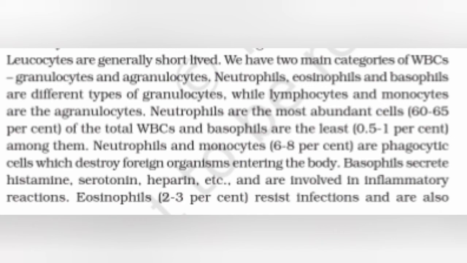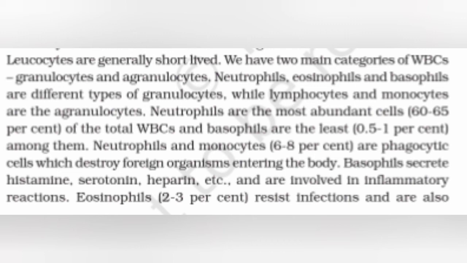Neutrophils are the most abundant cells, that is 60 to 65% of the total WBCs, and basophils are the least, that is 0.5 to 1%. Among them, neutrophils and monocytes 6 to 8% are phagocytic cells which destroy foreign organisms entering the body.